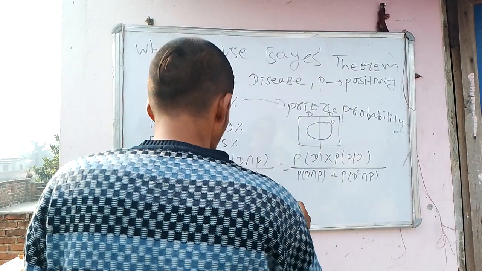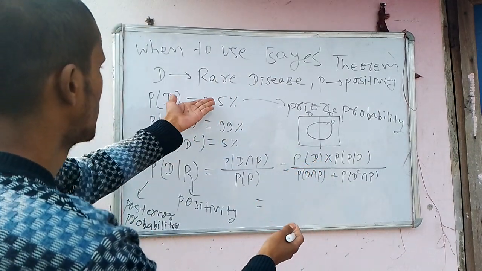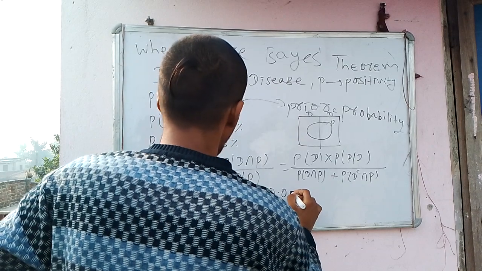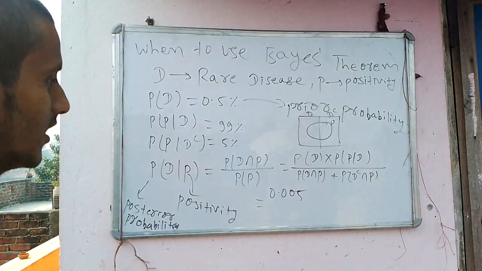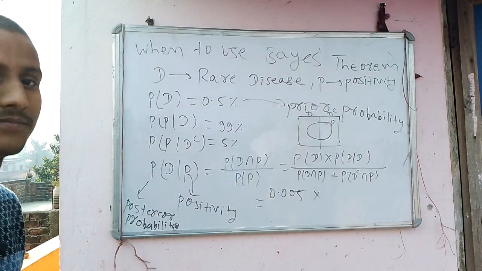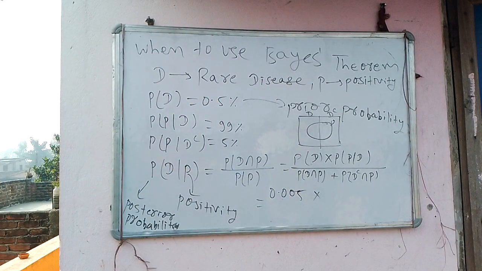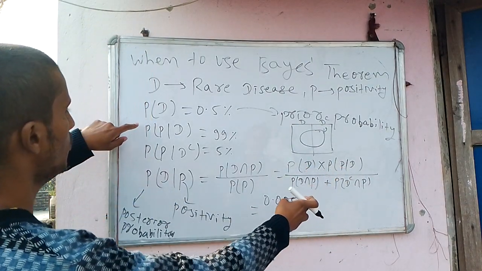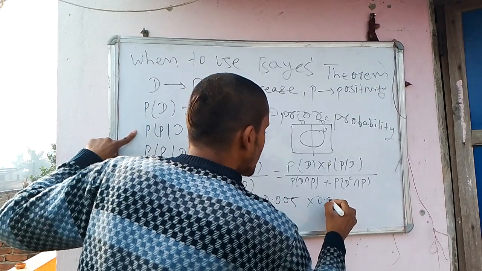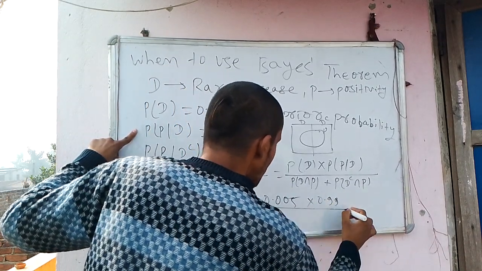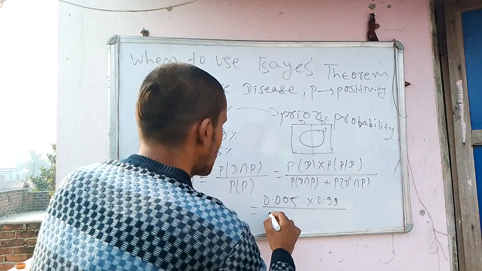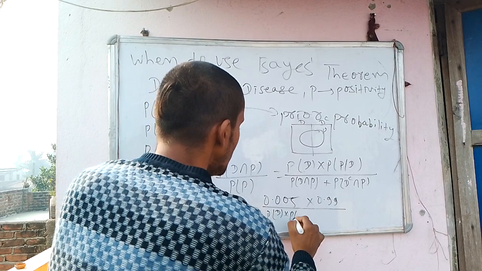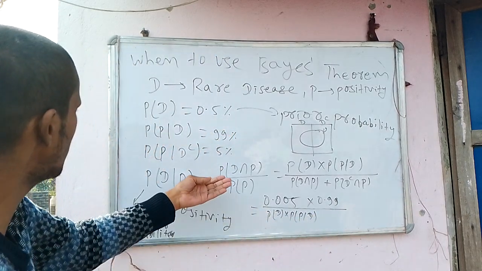If you want to solve it further, probability of D is 0.5%, which means 0.005. Okay? And then we multiply it by probability of P given D, which is 99%, which is 0.99, and divide by probability of D times probability of P given D, which is known.